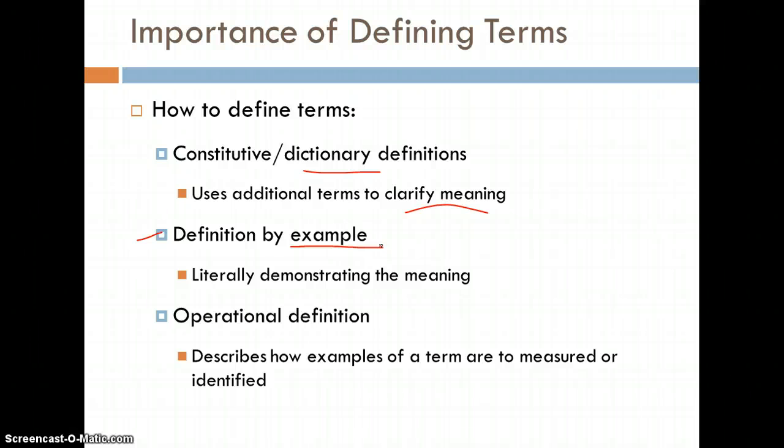So literally defining it doesn't necessarily tell you what it is. Demonstrating how you might observe it, or an act or a situation or a behavior that demonstrates intelligence might be a way to get at how you're using the term. And that brings us to the operational definition. Give examples of how the term can be measured or identified.